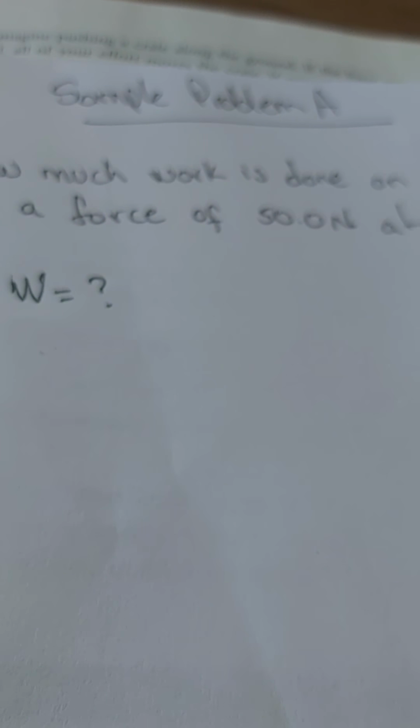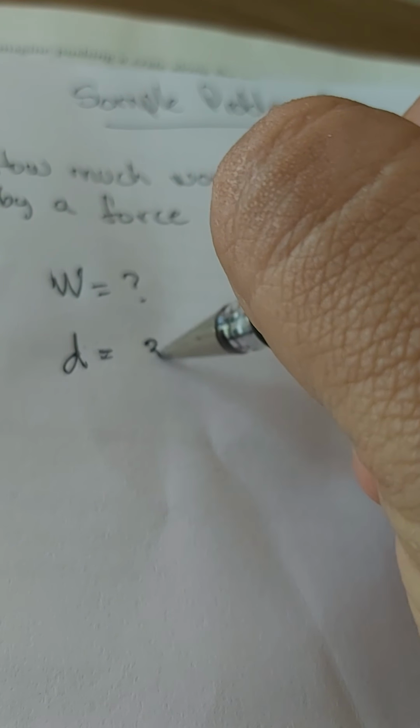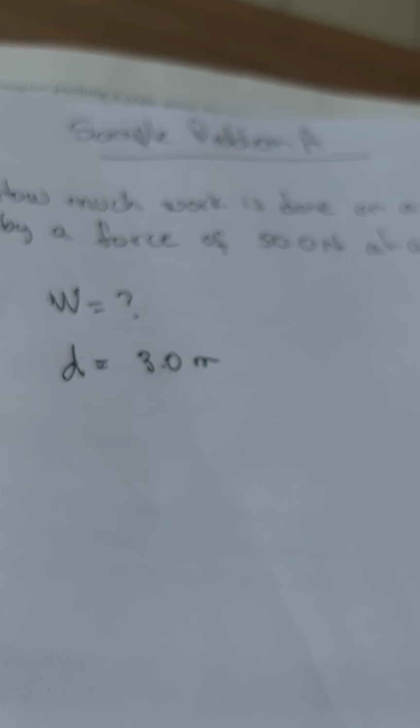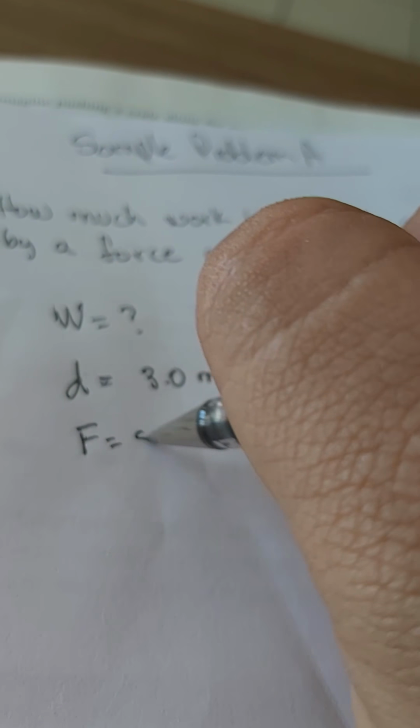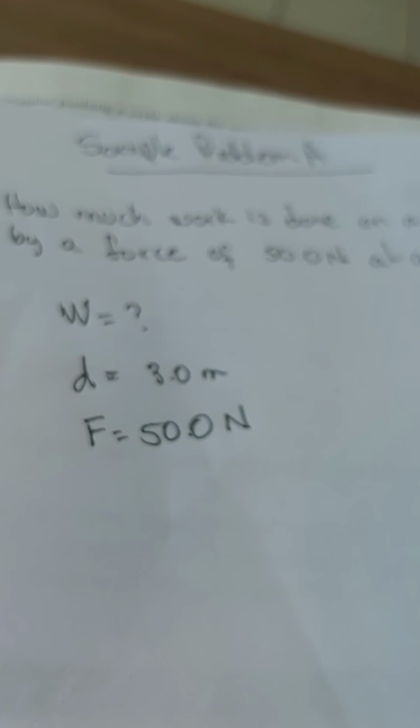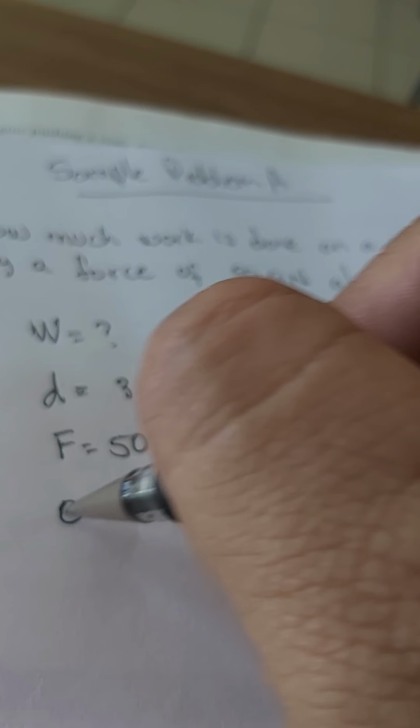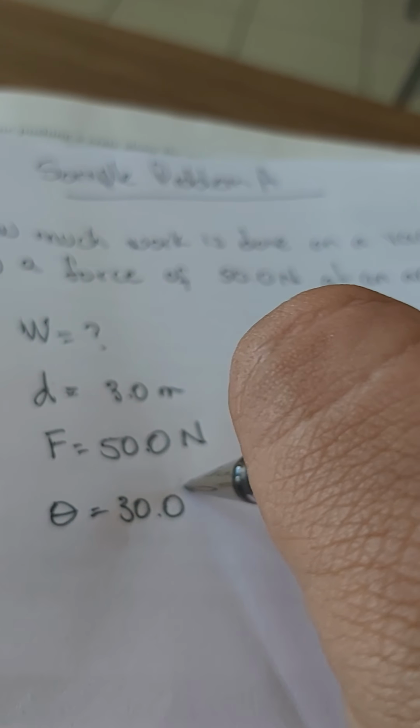So we're looking for work. Pulled 3.0 meters, that's displacement, 3.0 meters, by a force of 50 newtons, that's F, 50.0 newtons, at an angle of 30 degrees above the horizontal, theta, 30.0 degrees.